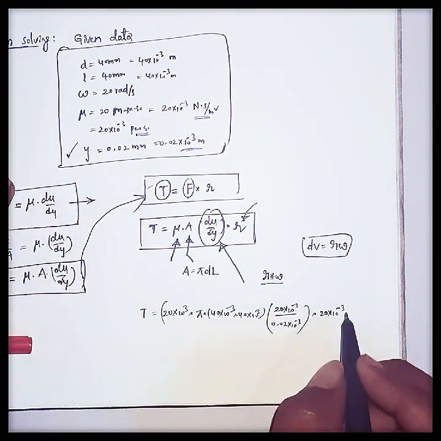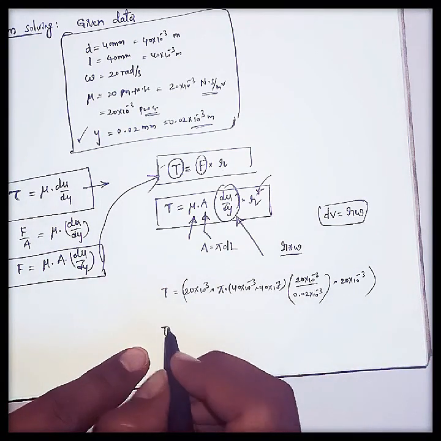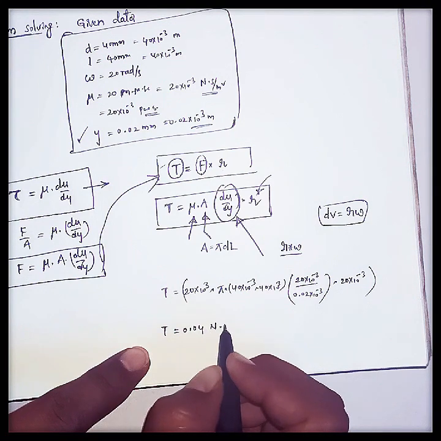These are the total values we substituted in this equation, and finally if we solve this equation we will get the torque as 0.04 Newton meter.